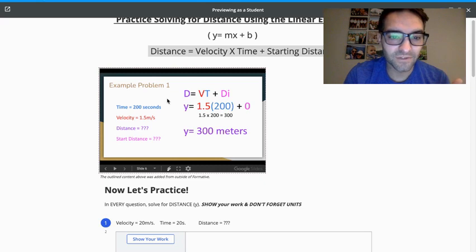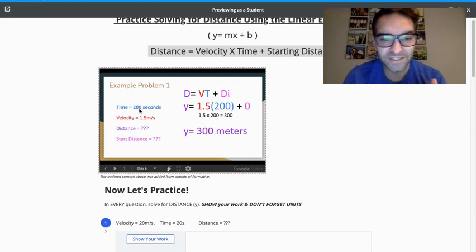So going through an example real quick, hopefully we feel comfortable plugging in the numbers. So we have distance equals vt plus di. And in the scenario, I'm just giving you the numbers.